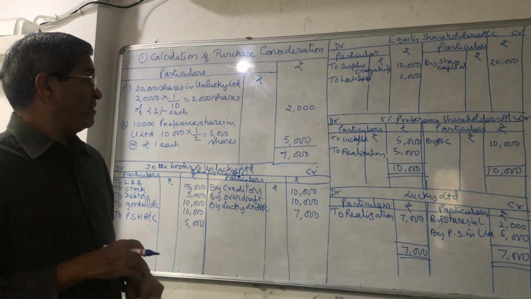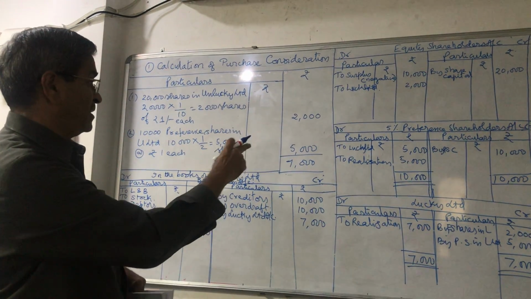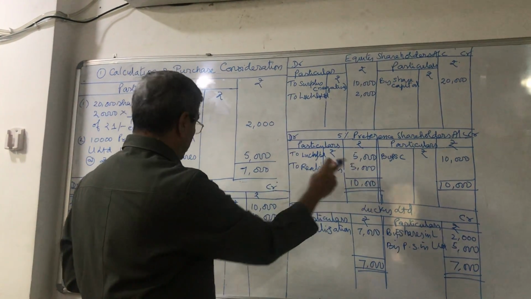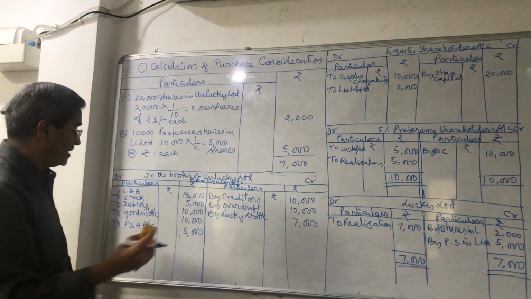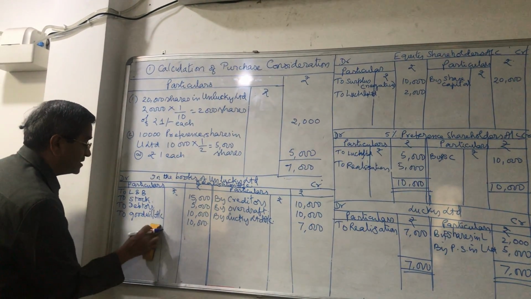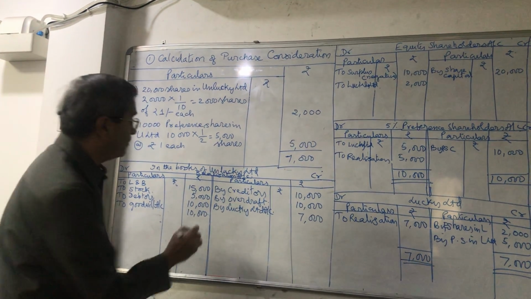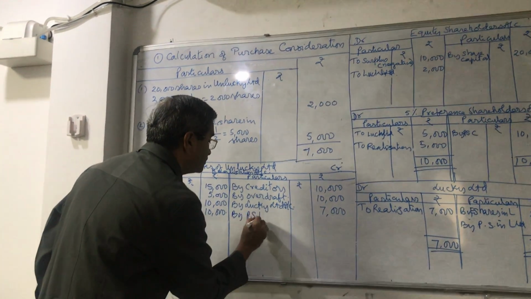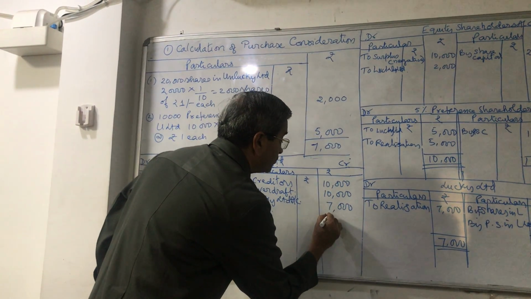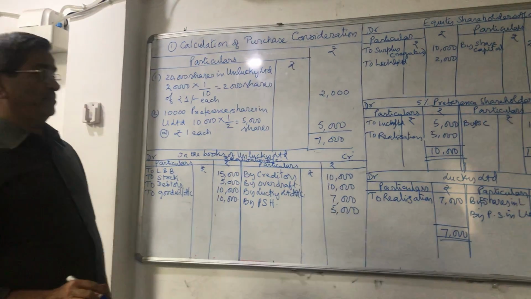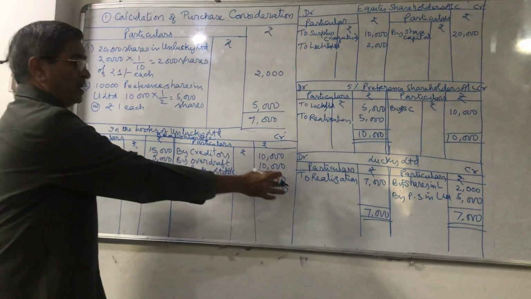Sorry, preference shareholders we have debited, right? Preference shareholders account to realization 5,000, and this is a gain, and this gain will be credited to the realization account by preference shareholders 5,000. This account gets closed.